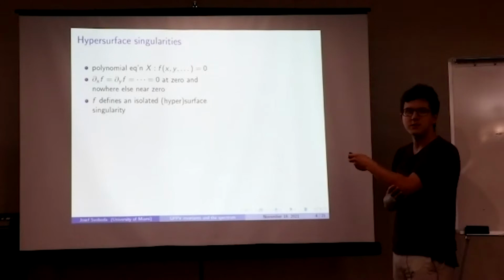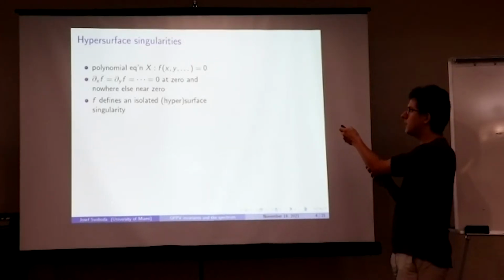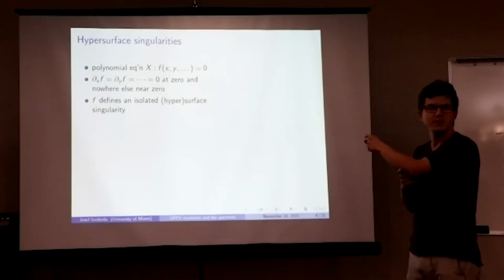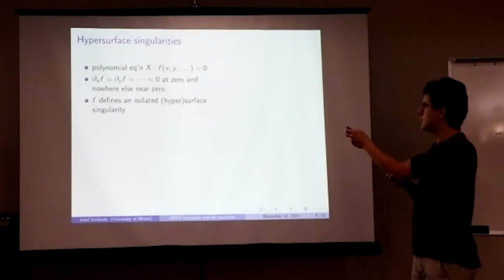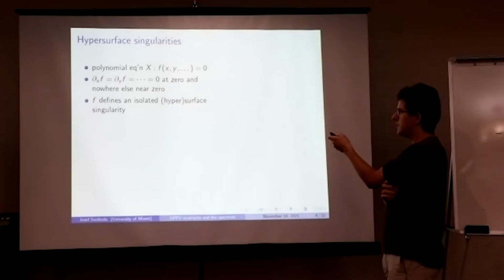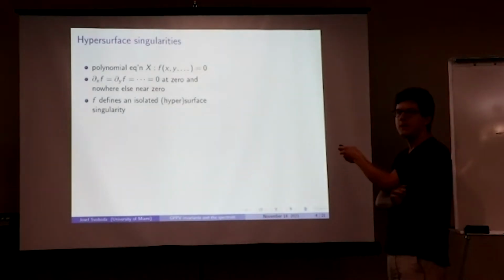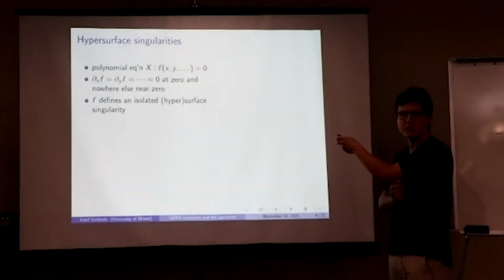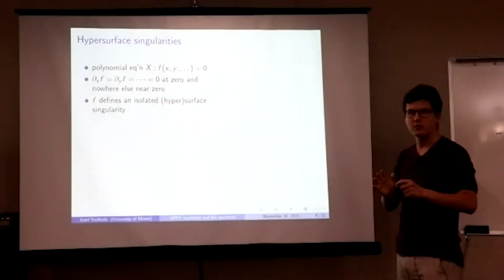So I consider as my data a polynomial f of some variables x, y, z in n variables, and it should satisfy that all the partial derivatives are zero exactly at the origin and nowhere else close to it.